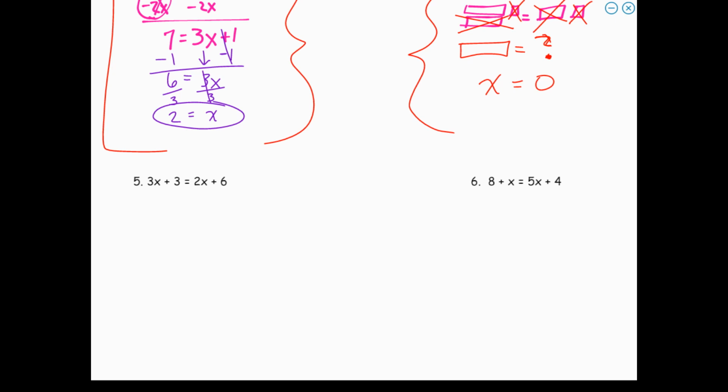I think I added 4 that I wasn't supposed to add. Okay, yeah, because that's 4x. And then if you subtract the 4 over here, 4 plus 4 is 8, so that's 4. So you have 4 equals 4x. You divide 4 by 4 and you get 1.